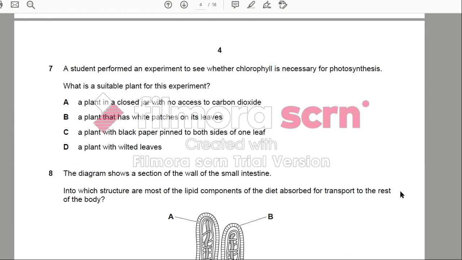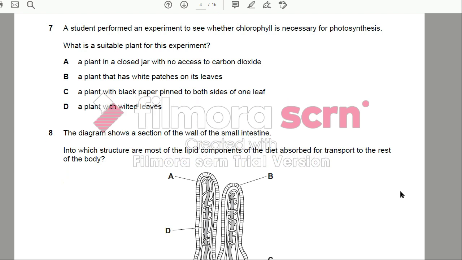Now we move to question number 7. A student performed an experiment to see whether chlorophyll is necessary for photosynthesis. What is a suitable plant for this experiment? In this statement, the examiner is going to focus on the necessity of chlorophyll in this experiment.